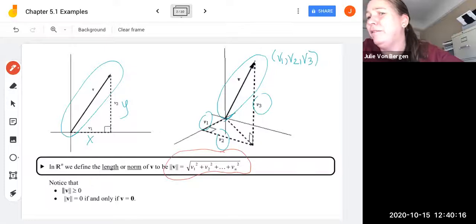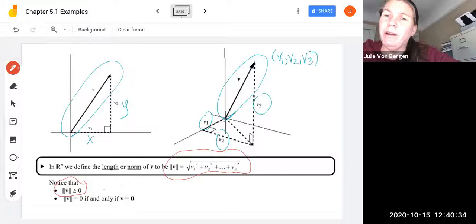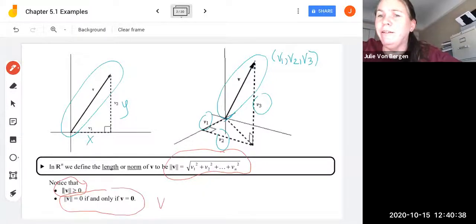So even if you have a negative component, you're going to end up with positive results, or 0 results if you've got 0 components when you square. So notice that the norm of v is always 0 or positive. And the only situation where we get 0 for the norm is if each component of v equals 0. So that's saying v is the 0 vector with 0 in each of the n components.